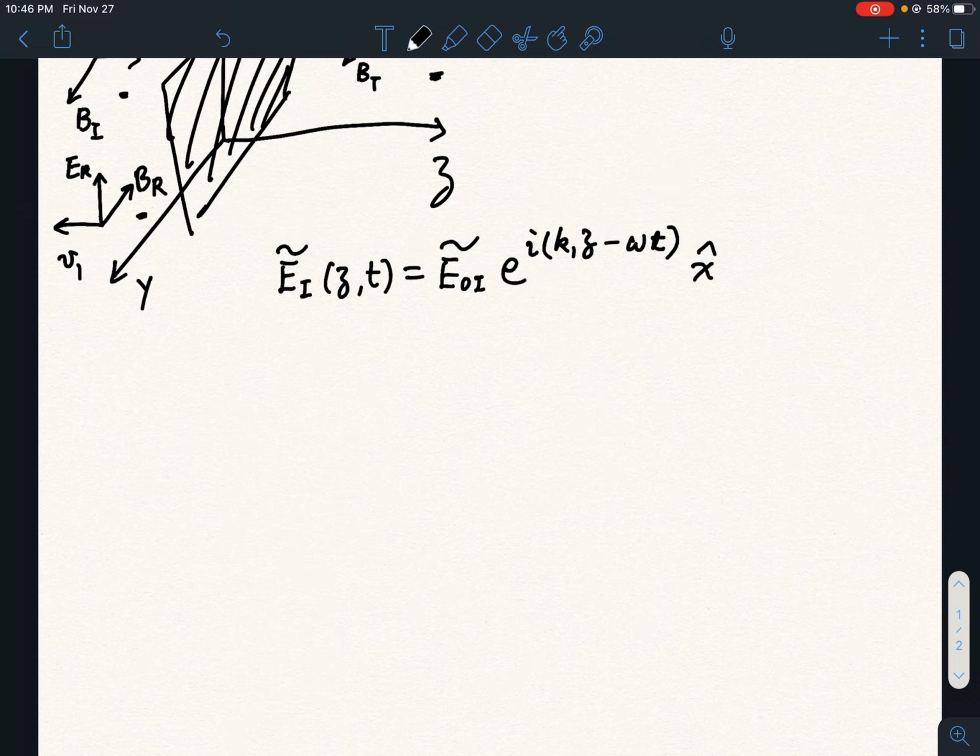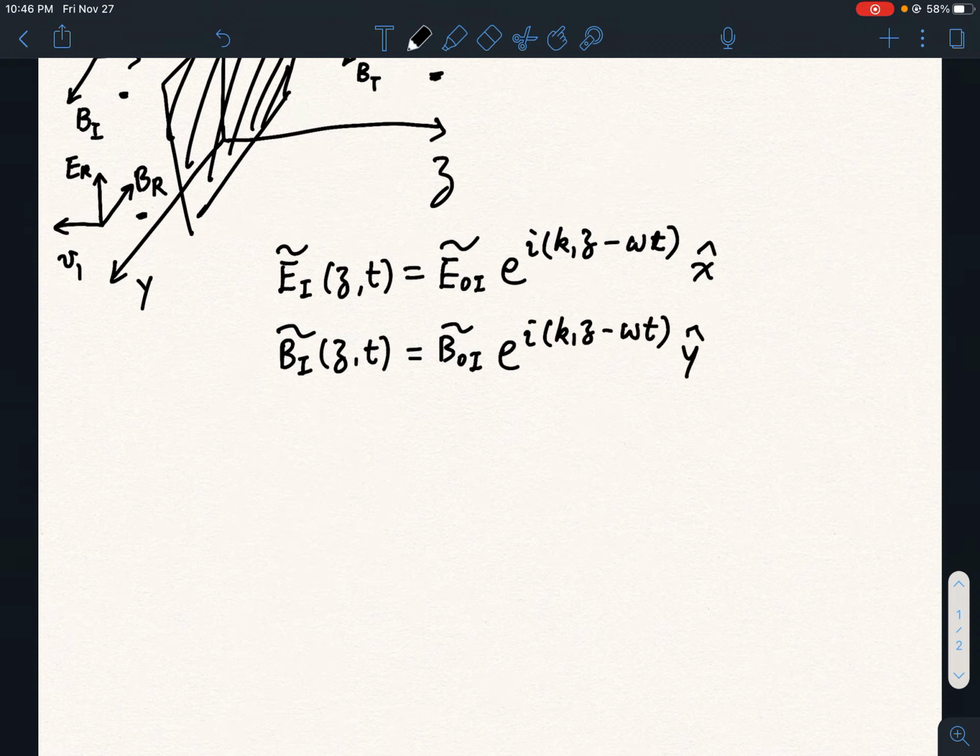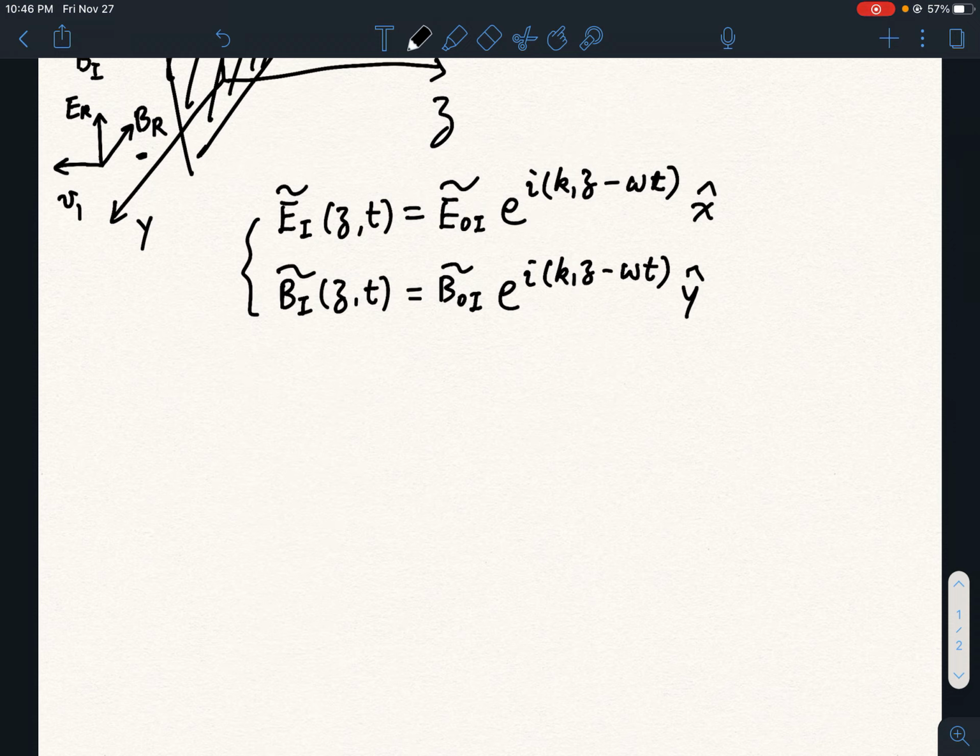We assume it is along the x direction. Then we have the magnetic field, B0 cos(k1 z minus omega t). We mentioned that they are in phase, so it should look like that. So this is the incident wave.